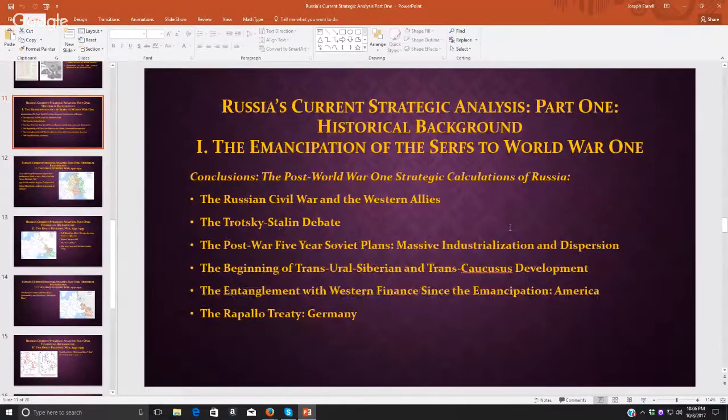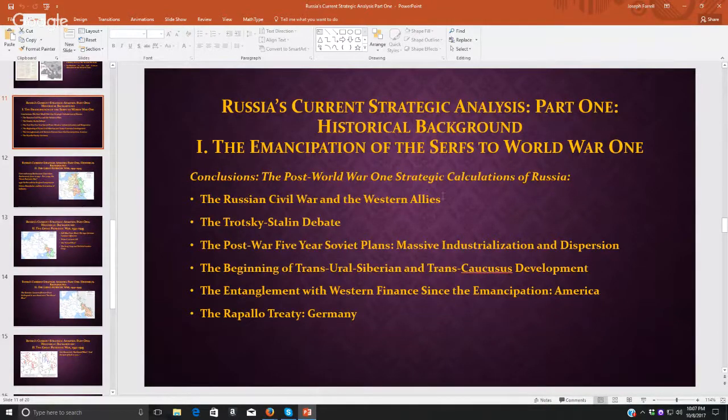We've had the emancipation of the serfs, the beginning of the building and construction of strategic railways under Tsar Alexander II in an attempt to bring Russia and modernize it, industrialize it, and so on. As a result of the end of World War I, of course, number one, you had the Russian Civil War between the anti-Bolshevik whites and the Bolshevik Reds that, again, continued up until the early 1920s. It resulted in Trotsky creating the Red Army.